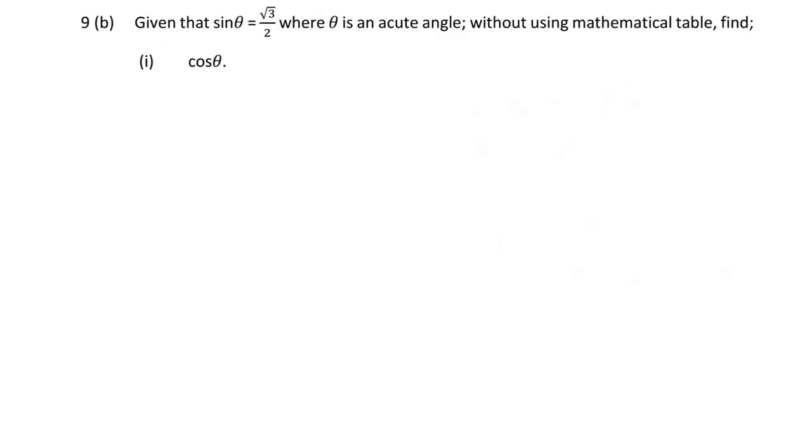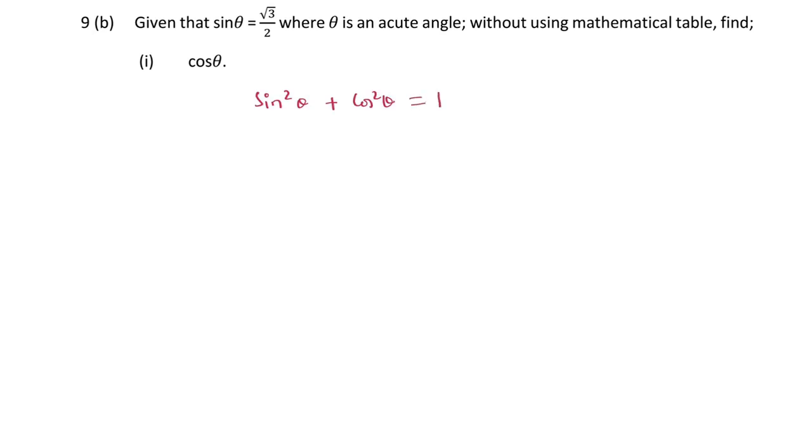Part B of the question, given that sin theta equals √3/2, where theta is an acute angle, without using mathematical table, we are supposed to find, Roman 1, cos theta. Okay, so let us consider the following formula, which says sin² theta plus cos² theta equals 1.